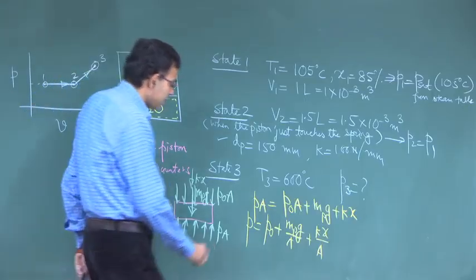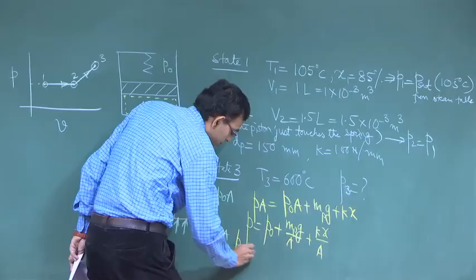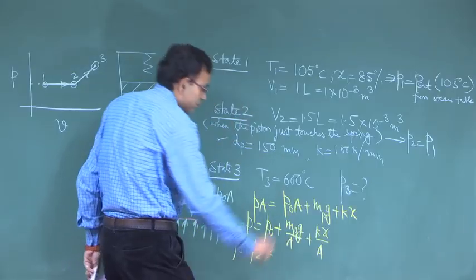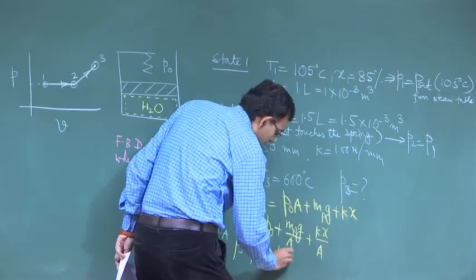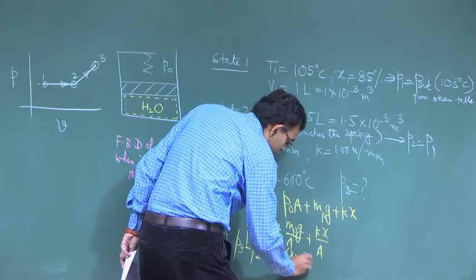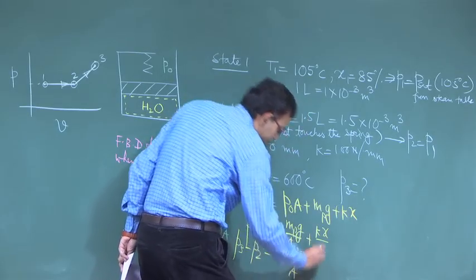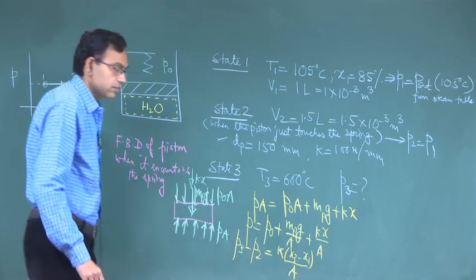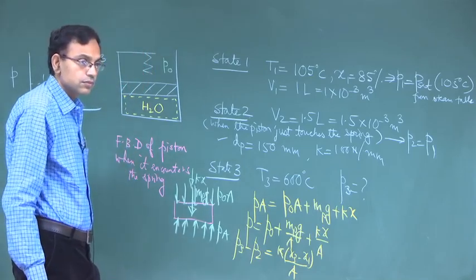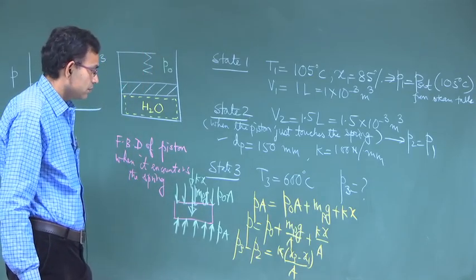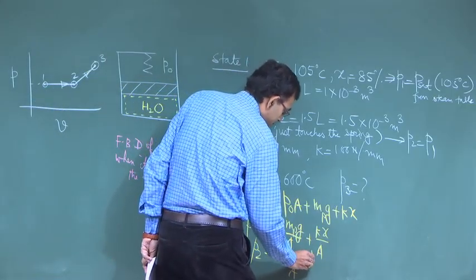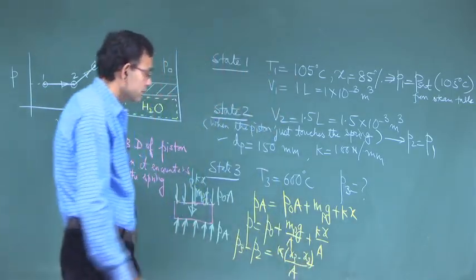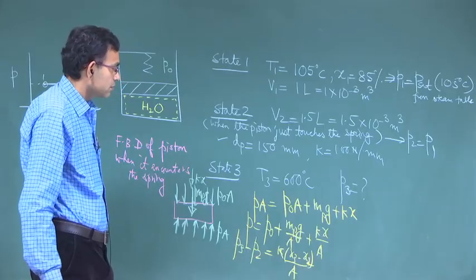So, P3 minus P2 is equal to K into (x3 minus x2) by A. Is it justifiable to use the symbol x for that?